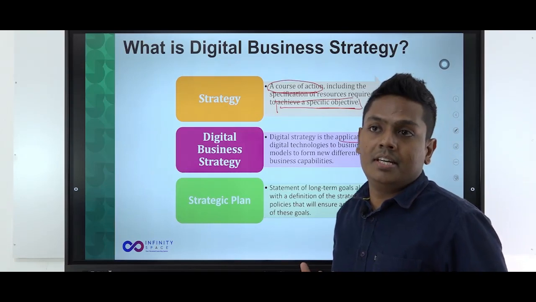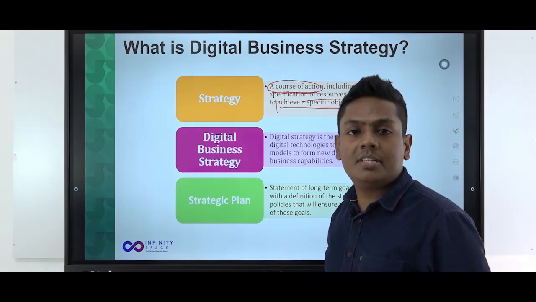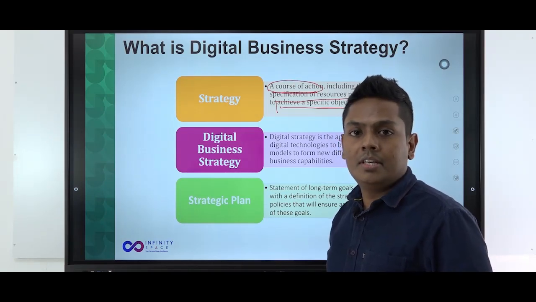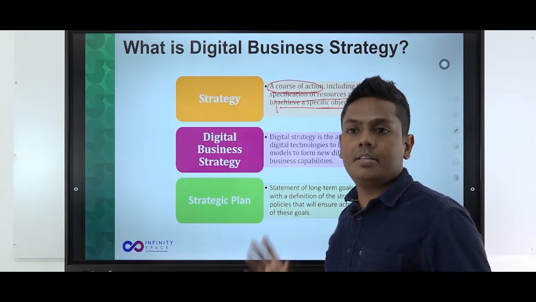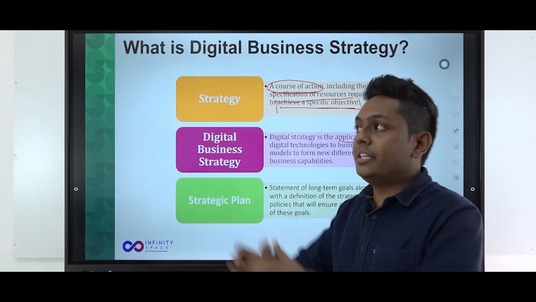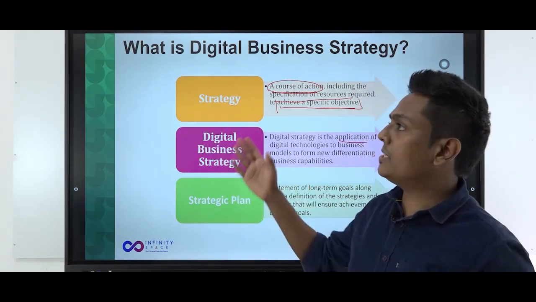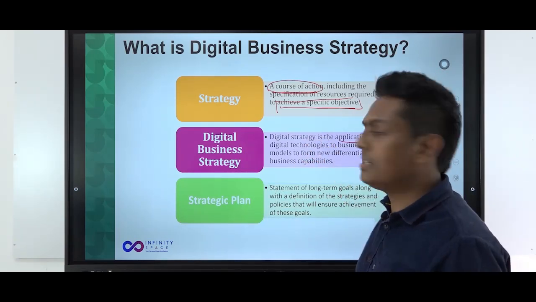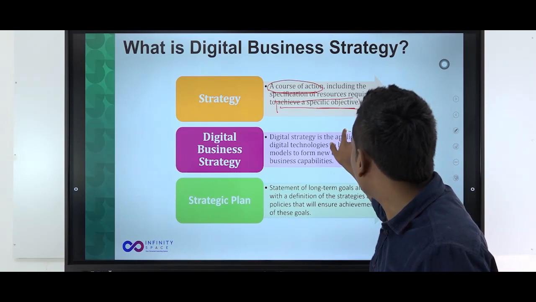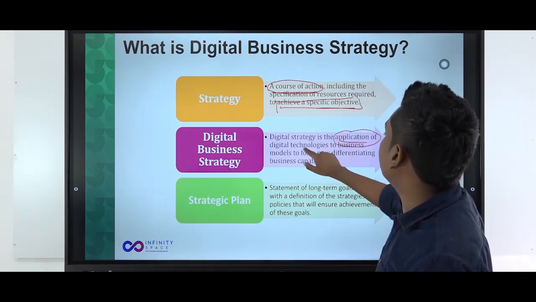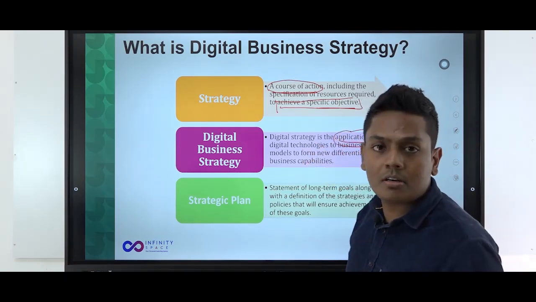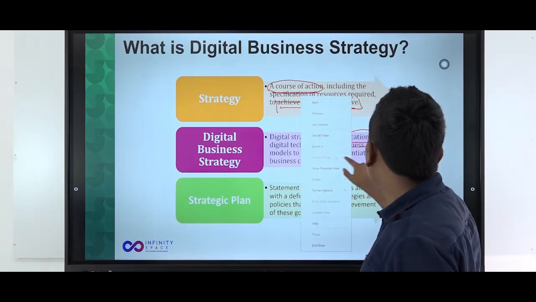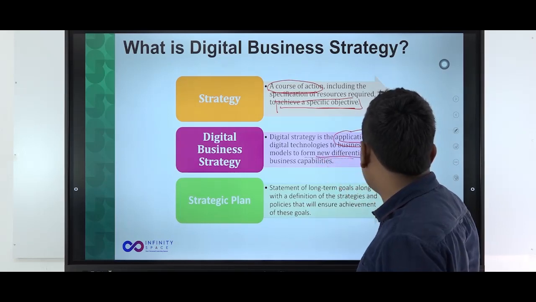Digitally, like introducing a new system to your normal day-to-day operations, getting some technologies into your systems, and like getting dashboards to your management to see how things happen. So that is also a kind of a digital strategy, and that is how we are going to apply application of digital technologies to business models to form new differentiating.